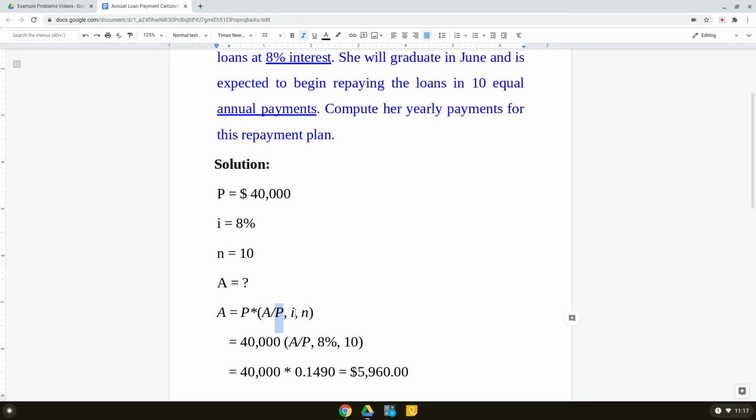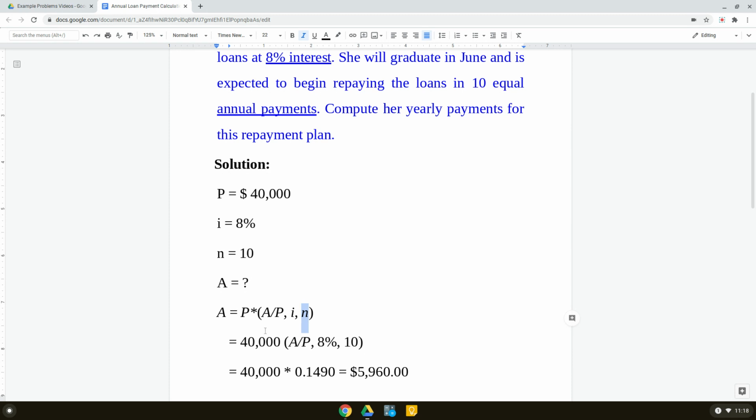Comma I, so we have to provide two inputs to find that A given P factor from the table. We need to provide interest rate, which is 8%, and N, the number of payment periods, which is 10.